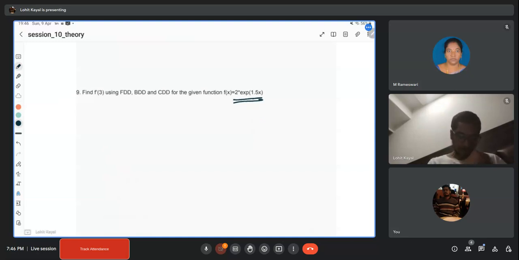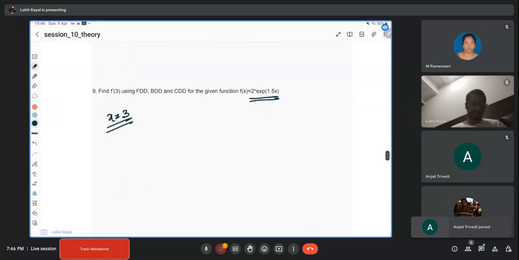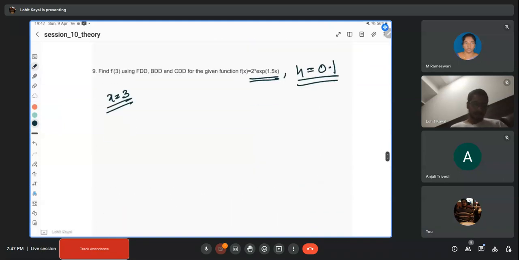Now here your x equal to 3. Okay, so I can guess. I should have provided the value of h, but I haven't provided it. So let us make a guess of h equal to 0.1. Okay, so what will be the answer for the FDD?